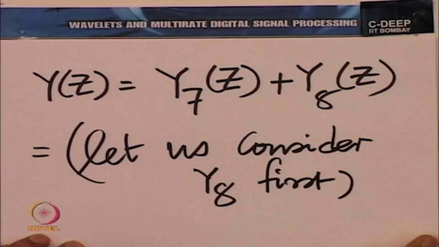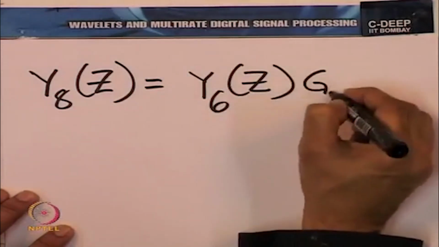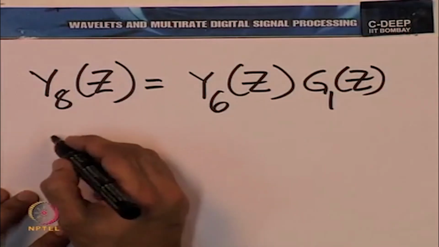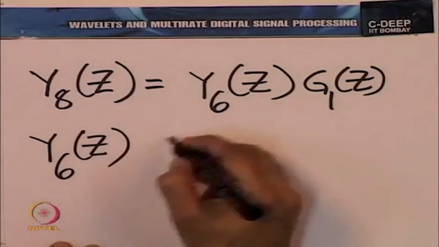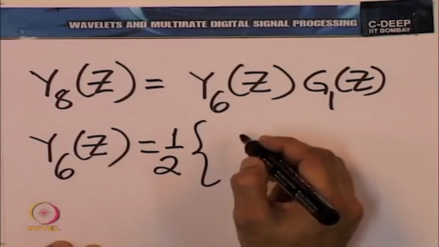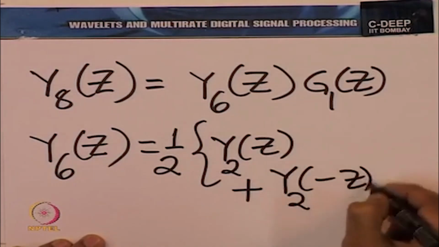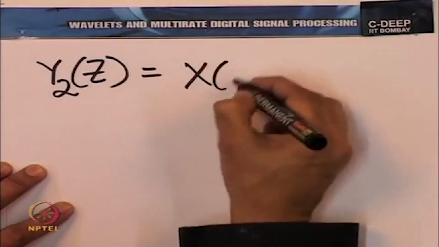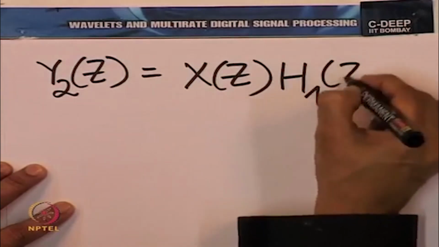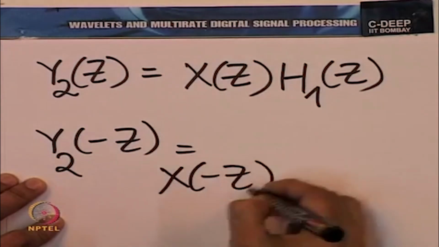So, Y8(z), as I said, is going to be Y6(z) times G1(z). Y6(z) is going to be related to Y2(z), and then Y2(z) is further going to be X(z) times H1(z), whereupon Y2(-z) is going to be X(-z) times H1(-z).